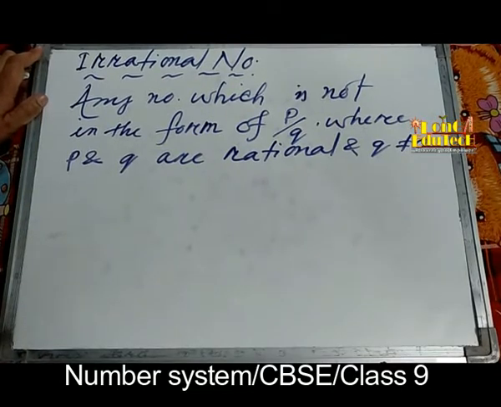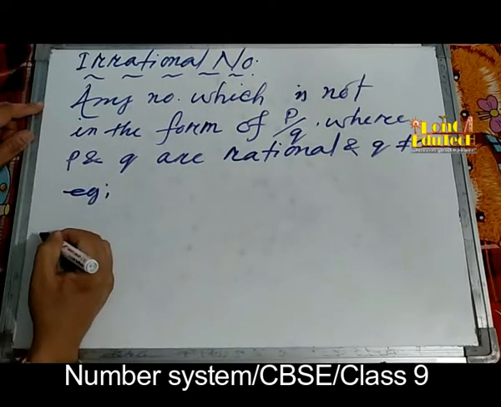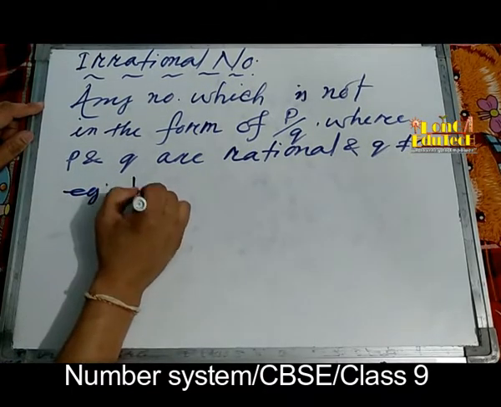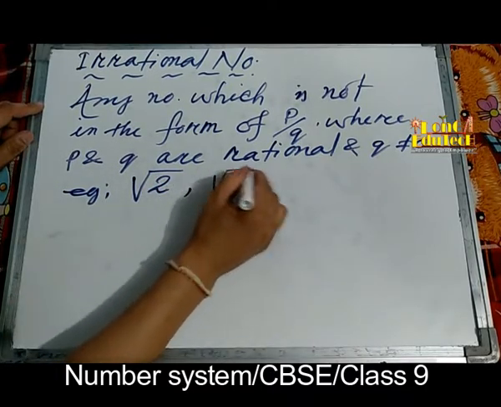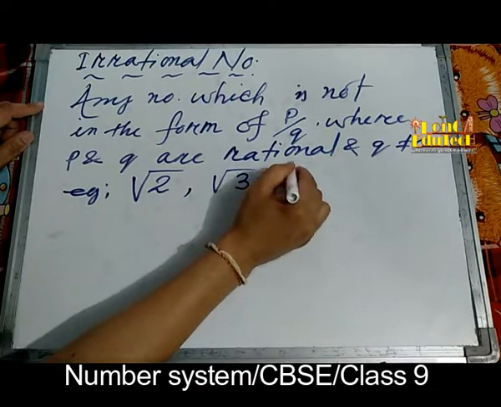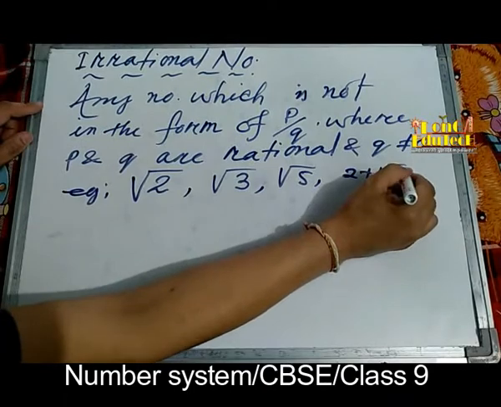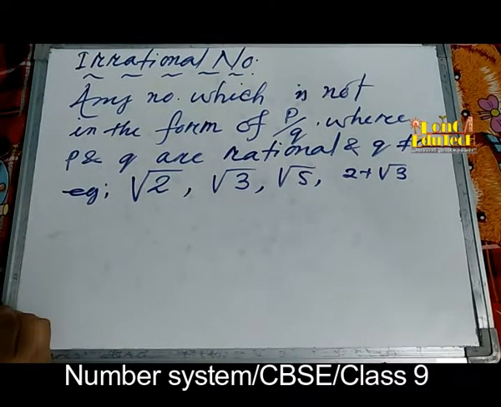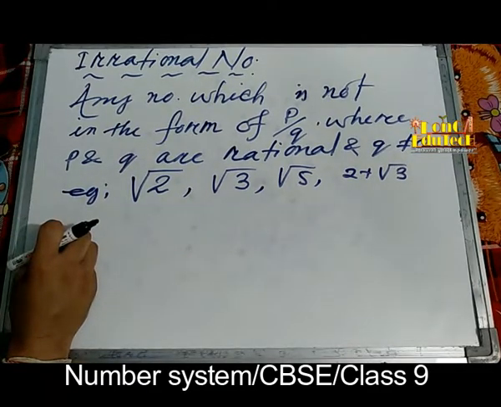Examples of irrational numbers come under the roots, like root over 2, root over 3, root over 5, like 2 plus root over 3. These we can also include under irrational numbers.